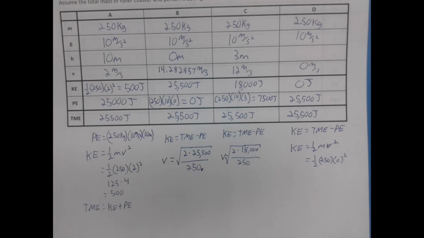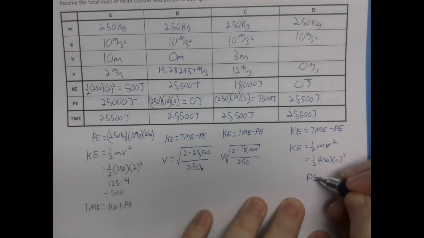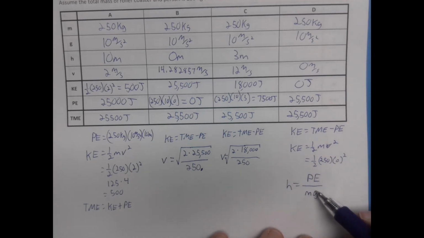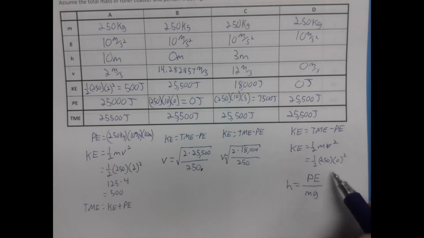So what's the equation for height? Height is equal to potential energy divided by mass times g. This only works if the potential energy is only gravity. In this case, we don't have any rubber bands anywhere. So unless I have a spring or a rubber band, potential energy in this problem is just gravitational.